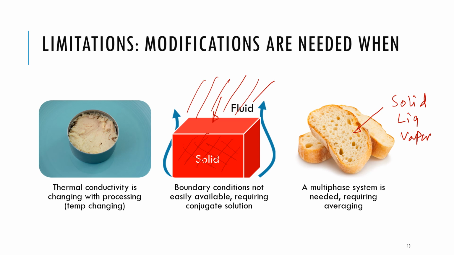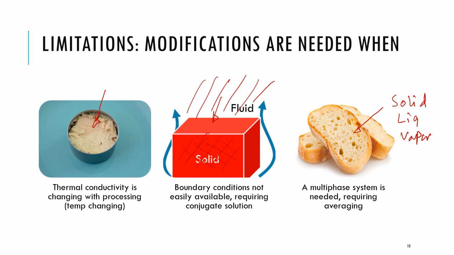This is discussed elsewhere. In fact, if we just go to a simple heating, like here, that we talked about thermal conductivity, if it loses moisture, that also changes thermal conductivity. But if we have solid and liquid water, then we have to think of averaging.